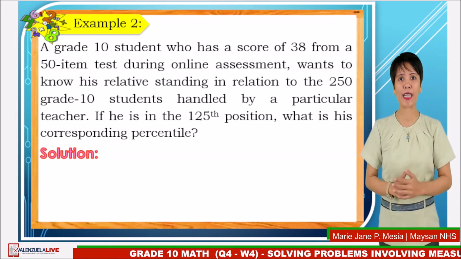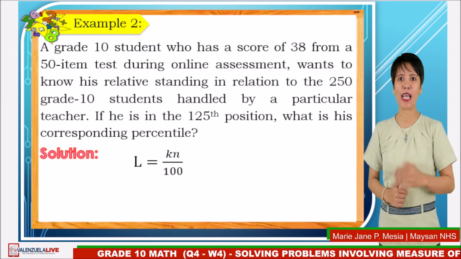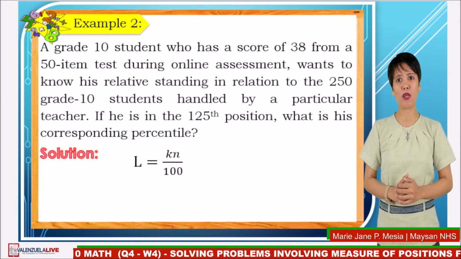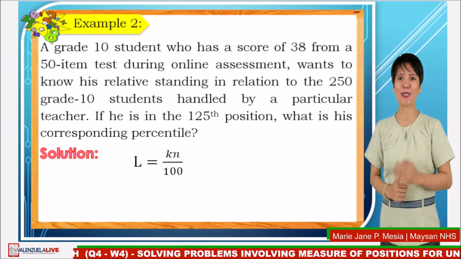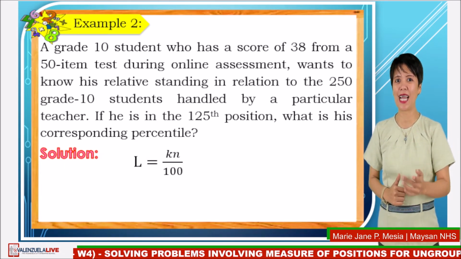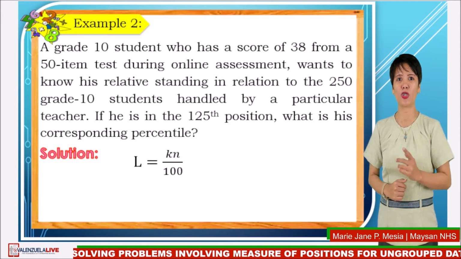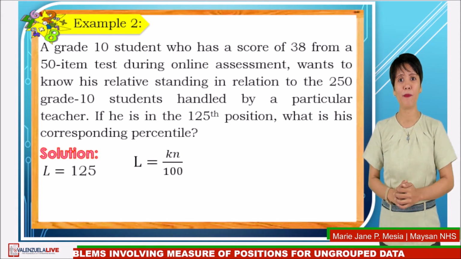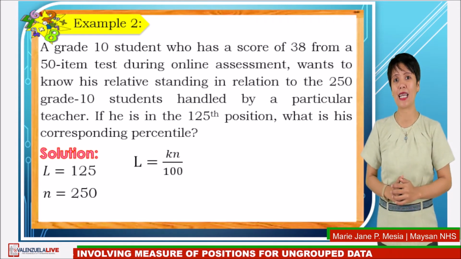So, solve for K using the locator. L is equal to Kn divided by 100. The denominator to be used in the locator formula is 100 since percentiles divide the whole distribution into 100 equal parts, where L is 125 and N is equal to 250.